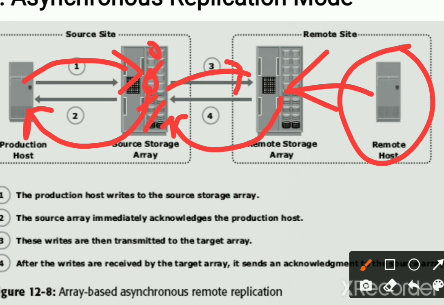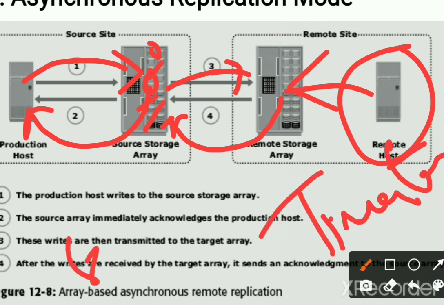Now when all the data is being moved, the question is how it checks that all the data has been copied to the remote storage array. How does it manage this, because the data is not moved at the same time as in synchronous replication, but takes some time and then replicates to the target? For this purpose they use a timestamp and also a sequence number for the given data.